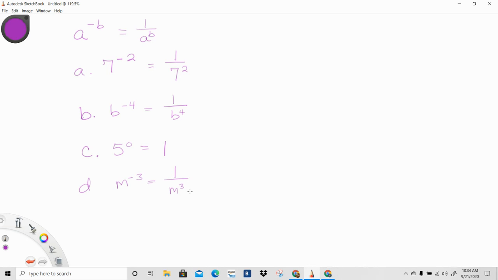Now, if we look at the ones for example 3, basically, they're asking you to do the opposite. They're giving you a positive exponent, or a number that can be given a positive exponent, and asking you to write it with a negative exponent.